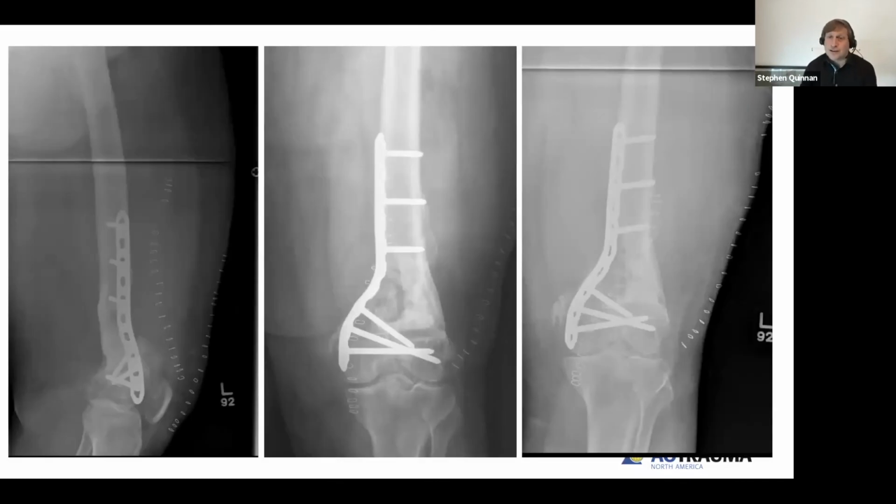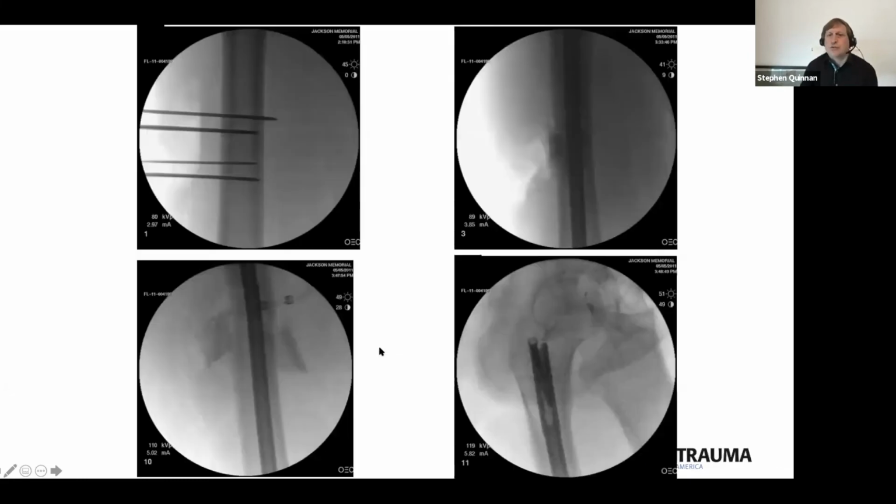So we had healed this, but the problem was he had about a 4 centimeter leg length difference. And if I were to have the same injury today, I probably would treat it a little bit differently. But at the time, certainly encouraged by my partners, and I was relatively younger in my career, we thought the safest and easiest way to do this would be to shorten the opposite extremity to minimize the difference.